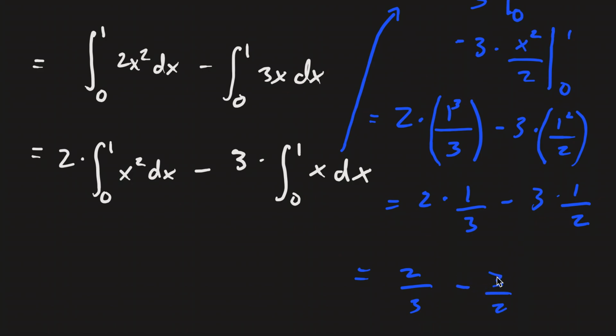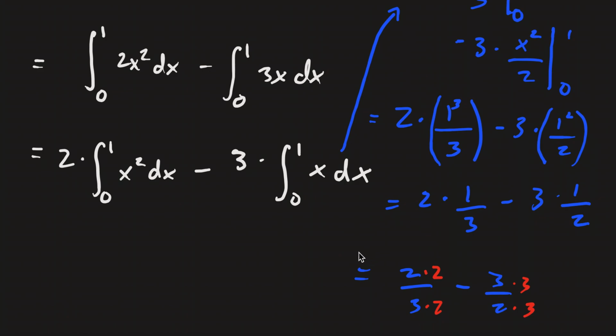What we can do is create a common denominator. So this is going to be 3 times 2. Let me do that in a different color, I'll go to red. I'll multiply this by 2 and this by 2, and I'll multiply this by 3 and this by 3.